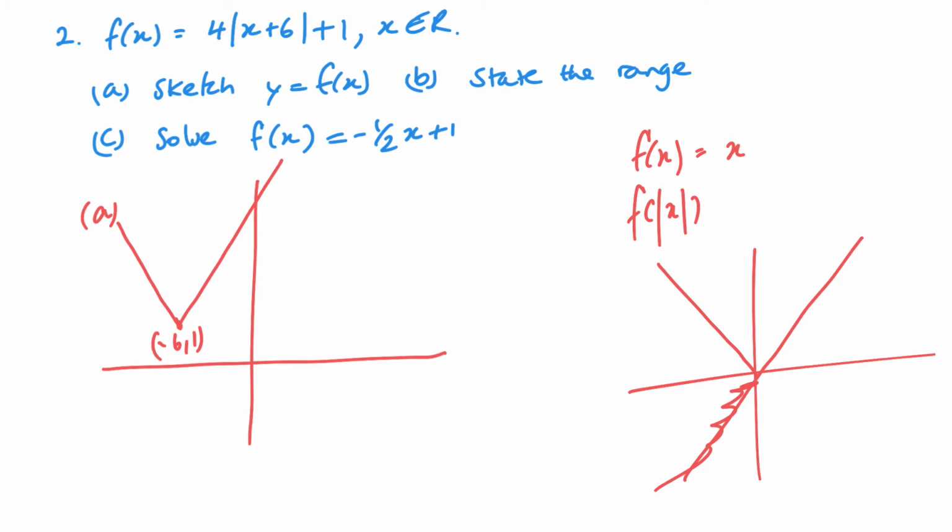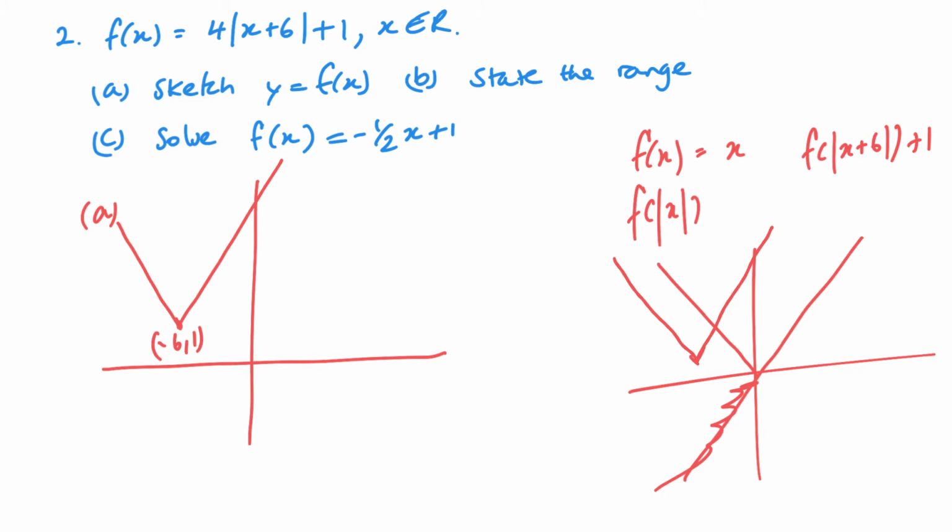Now I think about what else I'm going to do to it. So if I, for example, changed into now f of mod x plus 6 plus 1, that's going to move this graph here. It's going to move it 6 to the left, 1 up. So instead it's going to end up like this.